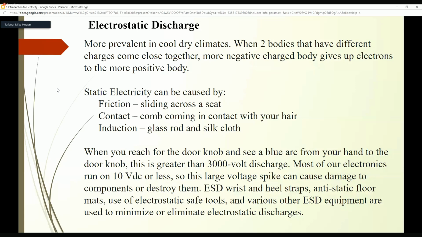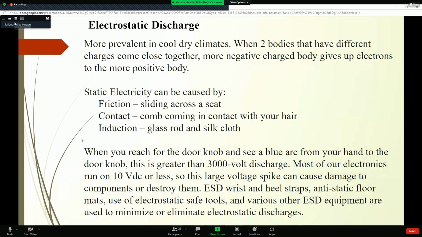We'll use electrostatic safe tools, really anything we can to make sure that whatever we're working on, the case has been grounded, and that we don't have any buildup of difference of potential between the device and the tools or ourselves, just to make sure that we're not providing some means for electrostatic discharge when we're working with this equipment, because once we get into the ICs, it could be negatively impacted by electrostatic discharge.